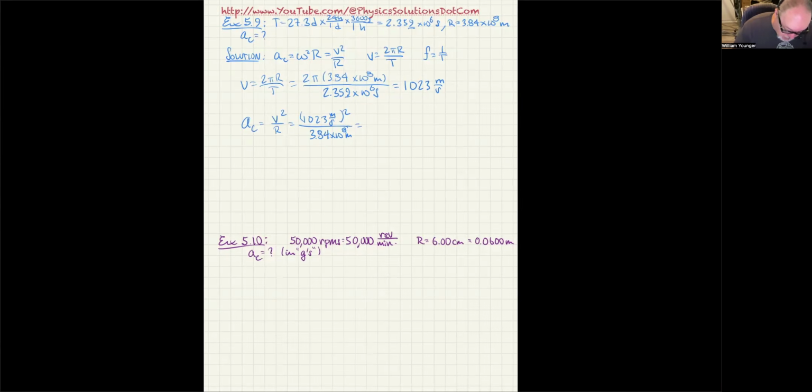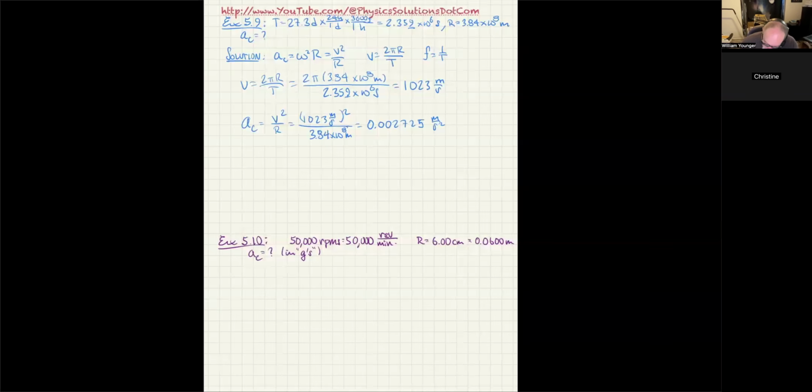And doing that, I get 1023 squared divided by parentheses 3.84 times 10 to the 8th, close parentheses, and that gives me 0.002725 meters per second squared. And someone just tried to come in, so I'm going to go ahead and admit them. So that is the centripetal acceleration of the moon.